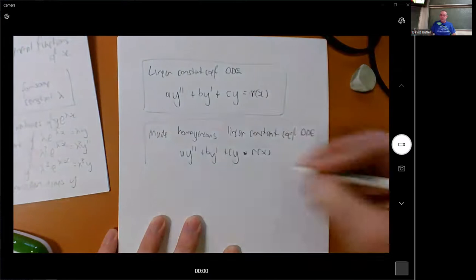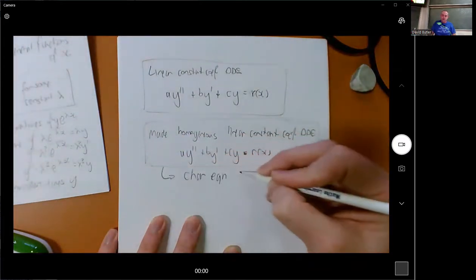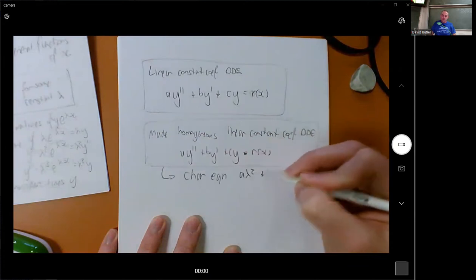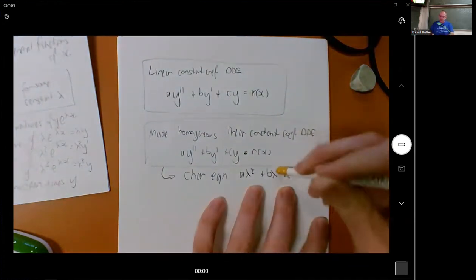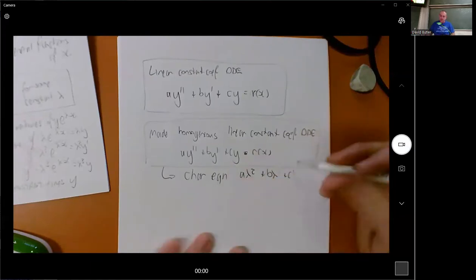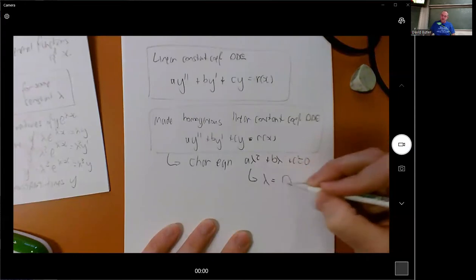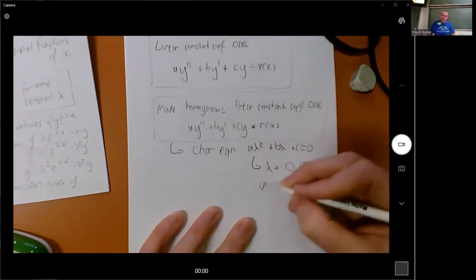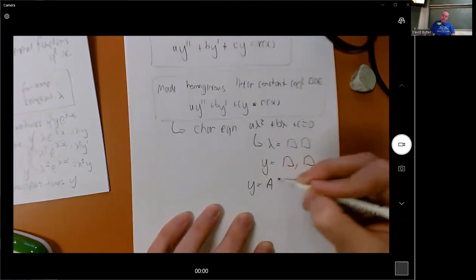And the way that we solved that is we did a characteristic equation, which gave us two solutions, which gave us all the solutions.